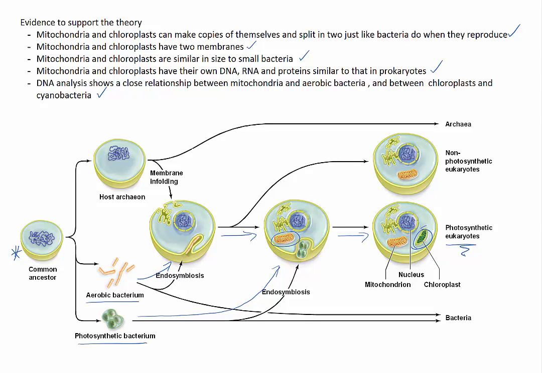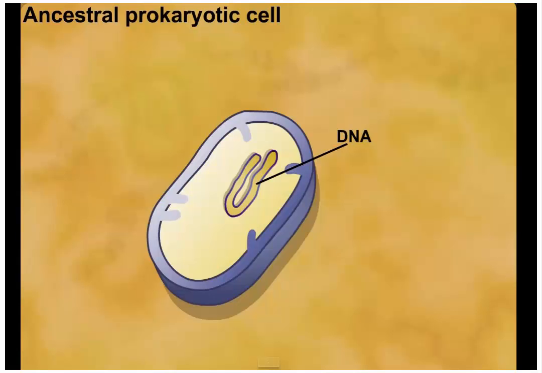Not all eukaryotic cells have chloroplasts, and that's because not all cells would have ingested the photosynthetic bacterium. So we end up with our non-photosynthetic eukaryotes. Of course, we also still have bacteria cells and cells that belong to the kingdom Archaea.